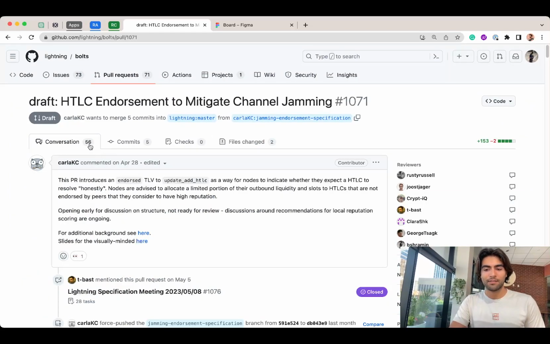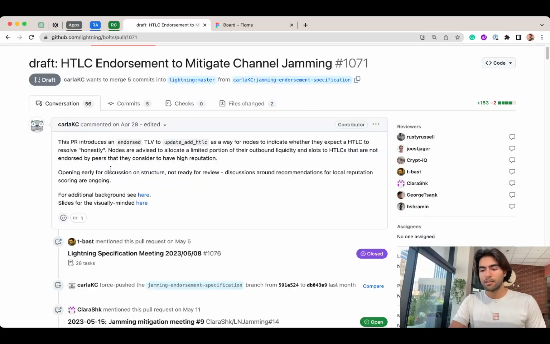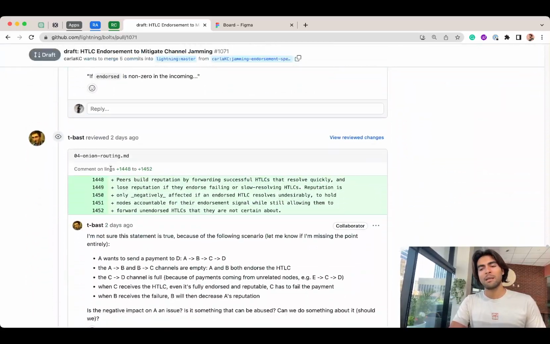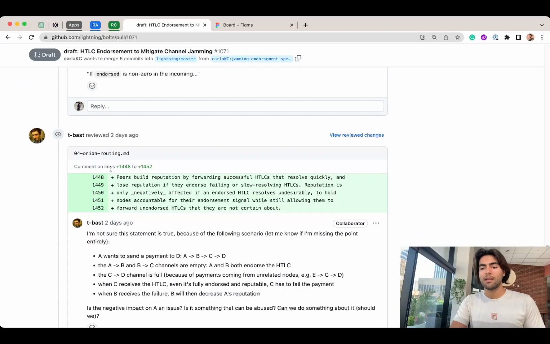As you can see, 56 discussions here. Many of them are about the second part of the proposal, the reputation method that was recommended. But that's just a recommendation, so it's not actually the core of Lightning.